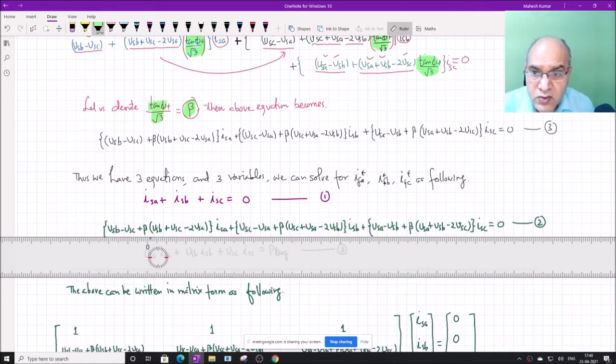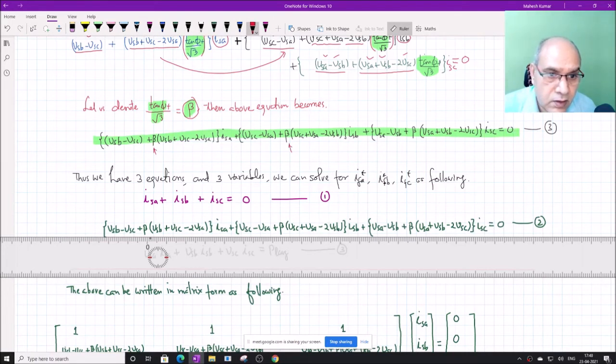Then this equation becomes this one, where beta replaces tan phi plus by root 3. So now it is a more simplified equation where the coefficients of ISA, ISB and ISC are in the form of the voltage terms. So 1, 2 and 3.